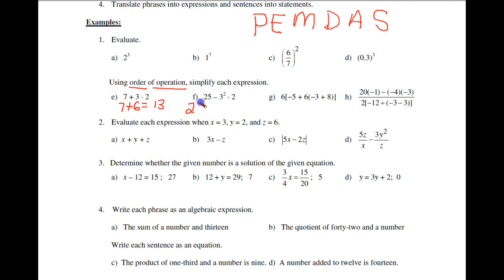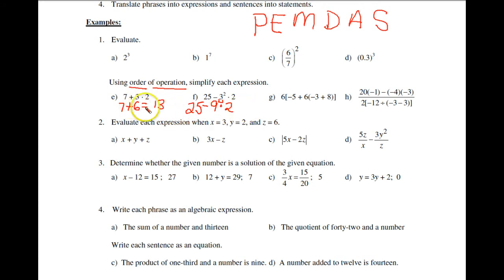And again, rewriting this is important because where these are sort of simple, just not following the rules will give you a wrong answer. Now our negative is right there. Now notice the base of this exponent is just the 3. It's not, the negative is not included at this stage. So we're going to square the 3 and get 9, and then times 2.